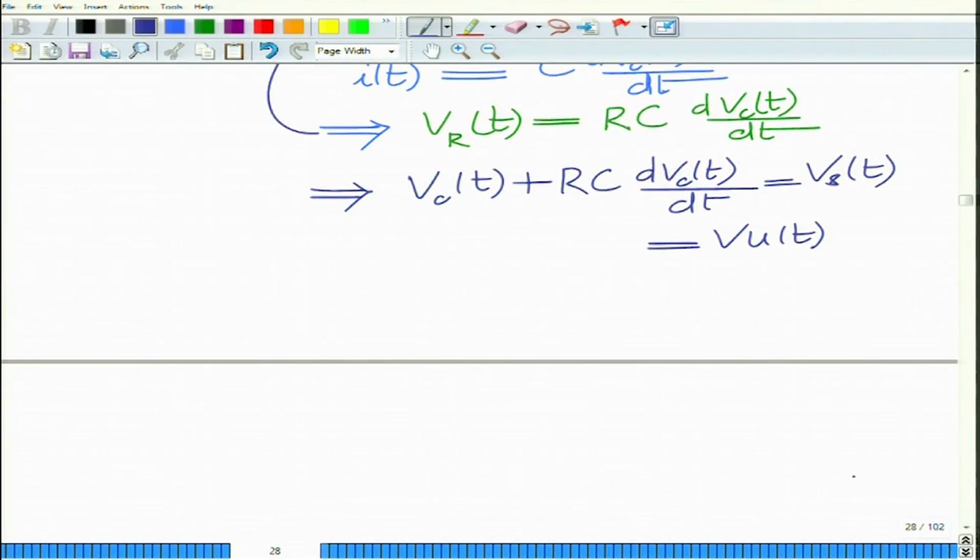Now, we take the one sided Laplace transform on both sides, because we have a system with non-zero initial conditions. So, we are using the one sided or the unilateral Laplace transform.